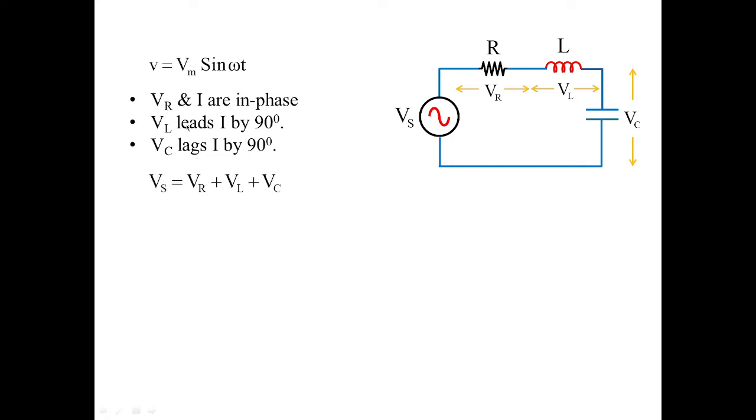Now once we are done with the analysis and we know according to KVL, that is the algebraic sum of the voltages in a closed circuit is equal to 0, that is supply voltage is equal to the series combination of the voltages developed in the passive elements.